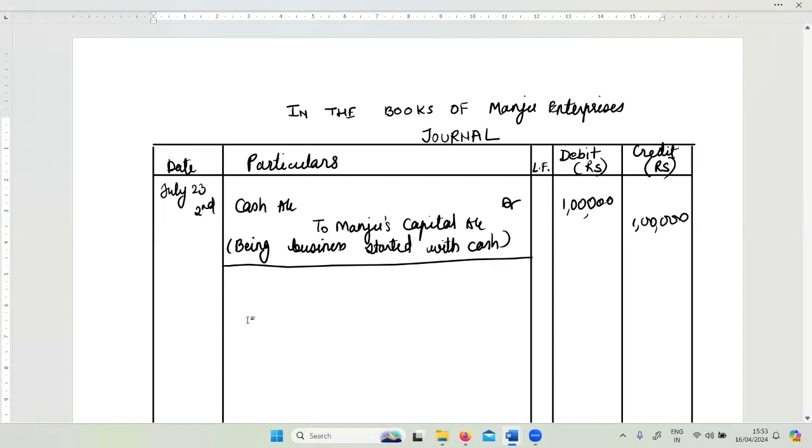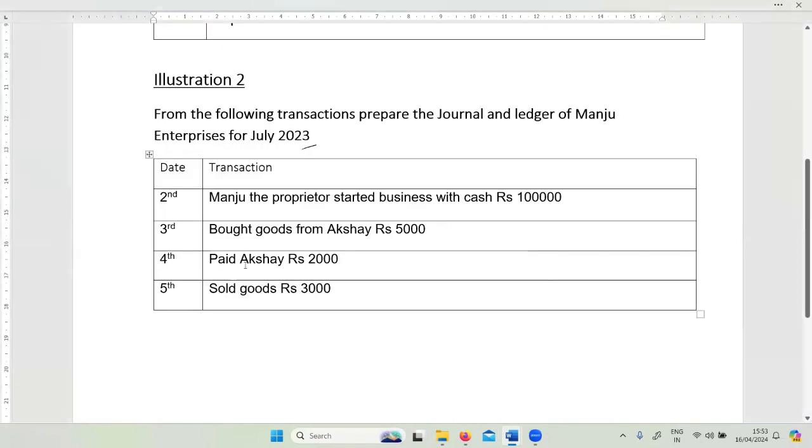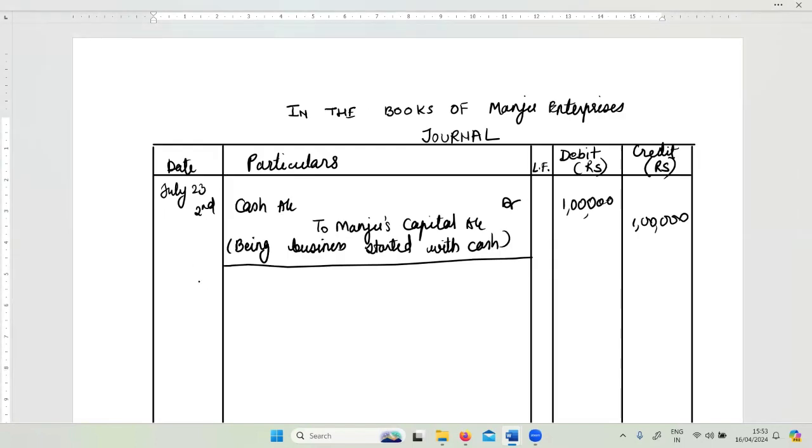Now, let's proceed to the second transaction. Bought goods from Akshay 5,000. On 3rd, goods are being purchased from Akshay. So, purchases account debit 5,000 to Akshay's account because we have not paid him. So, still it is on credit.